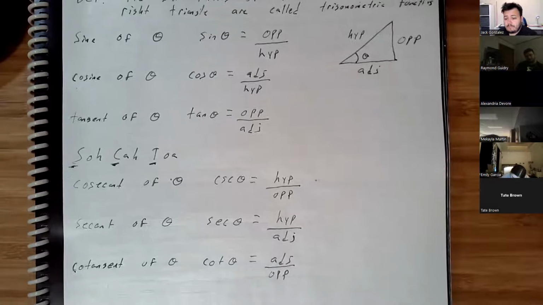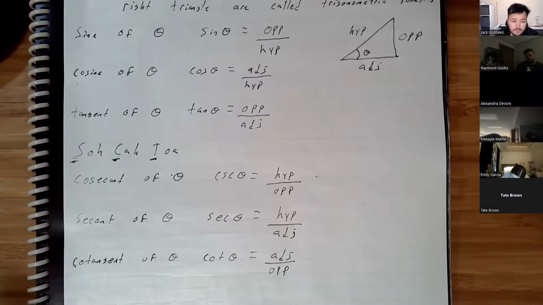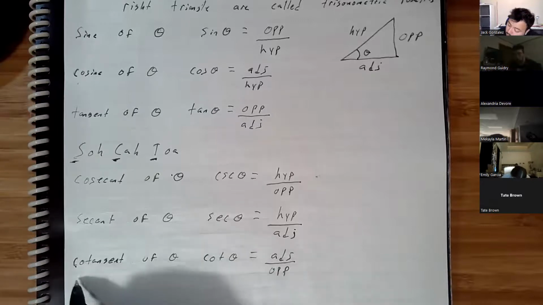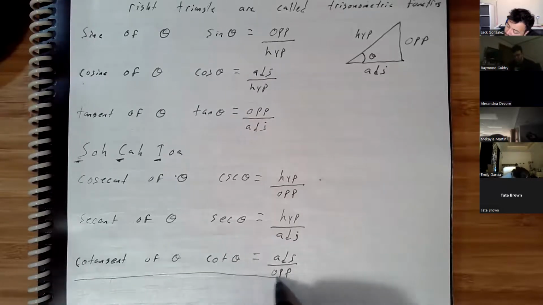Okay. All right. Let me write down some identities and we'll get to some examples. There's the definitions.